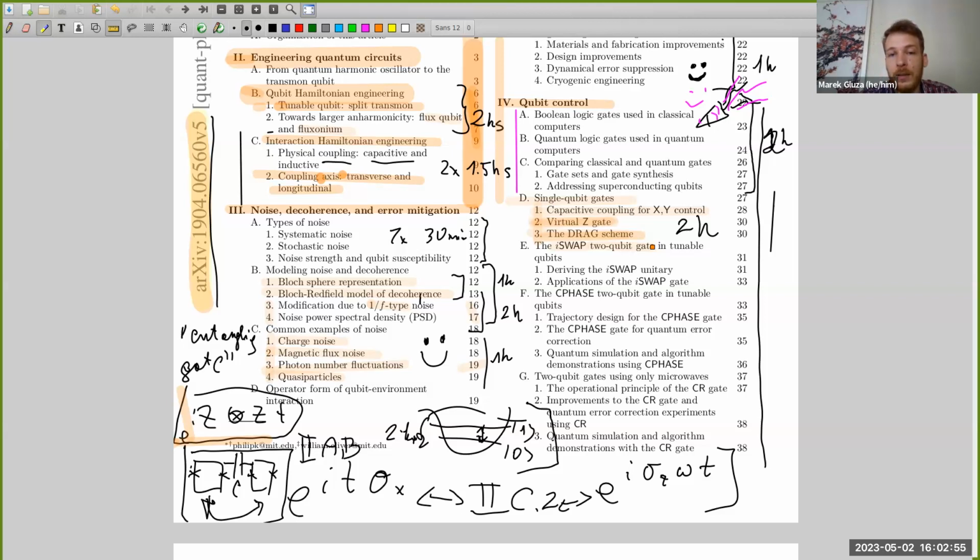In this kind of superconducting business, iSWAP is much more natural, just popping up, and this section just tells you about how to go ahead with that gate for universal quantum computing.